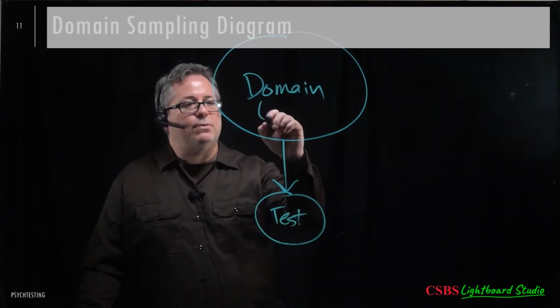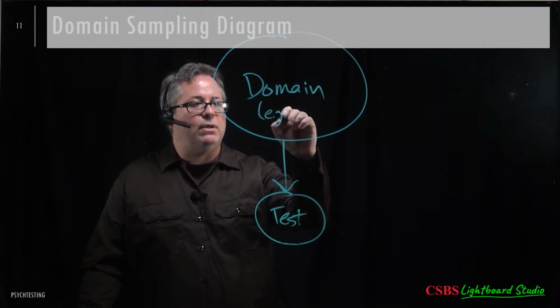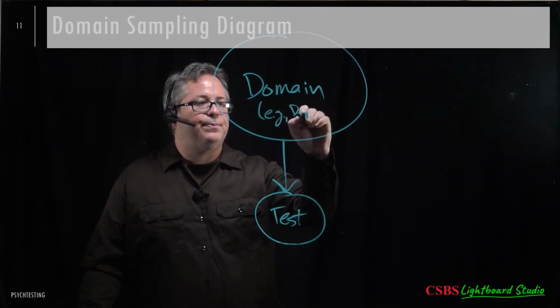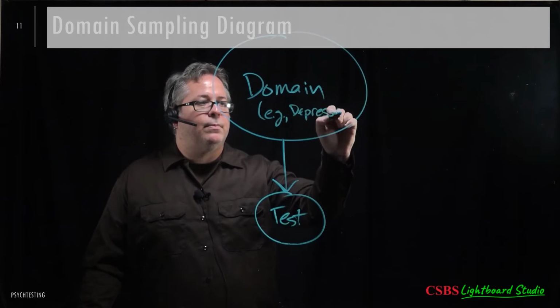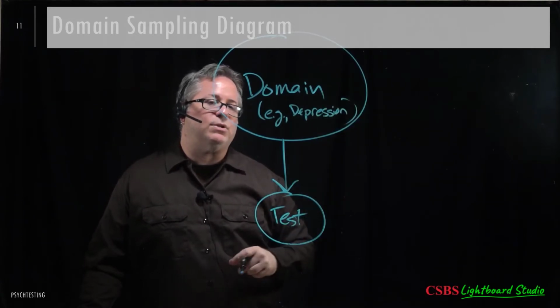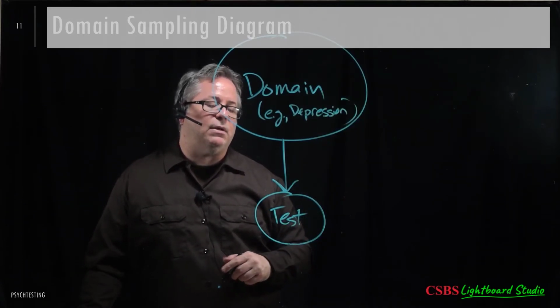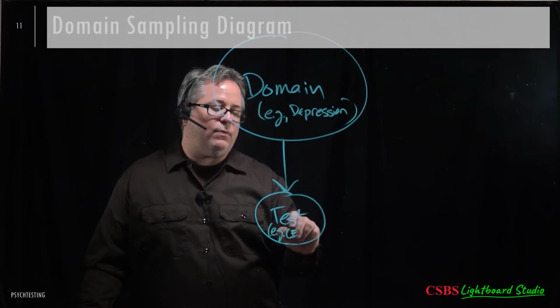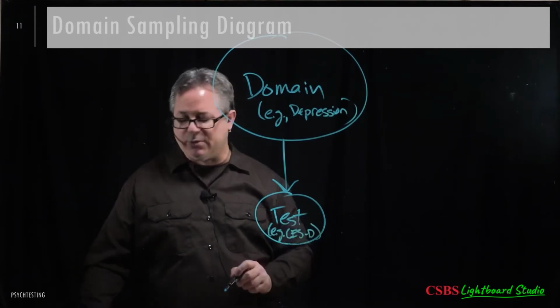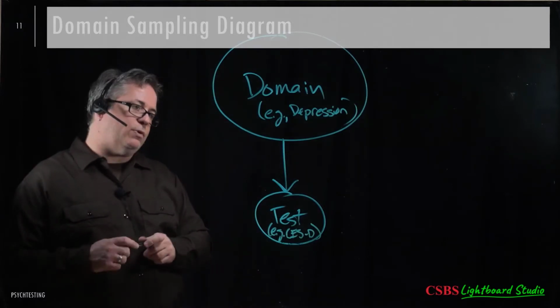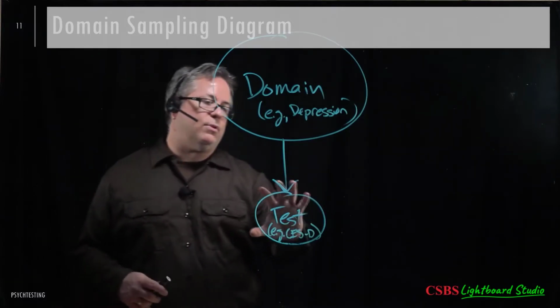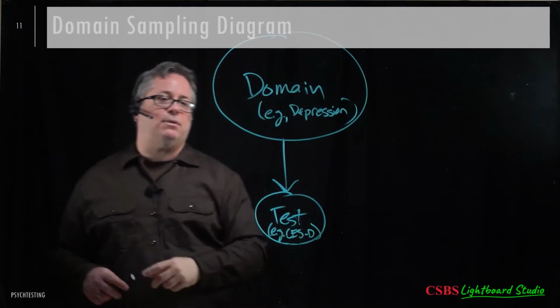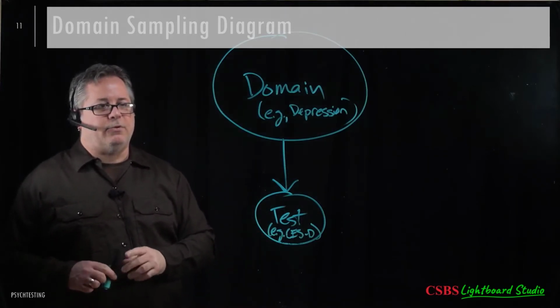As an example, this could be depression. Every conceivable question related to depression is in this domain, and the test is the one you have for your homework, like the CESD, the Center for Epidemiological Studies Depression Inventory. This is our sample of items taken from this domain. With me so far?